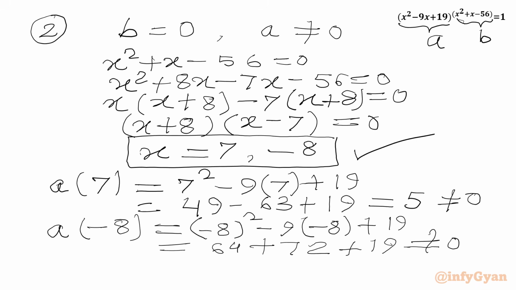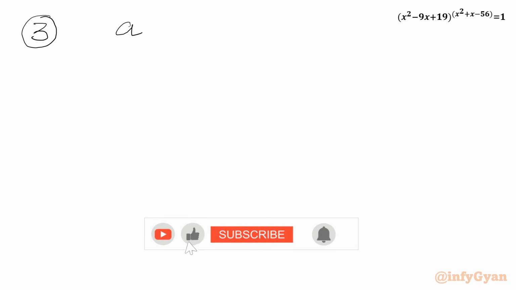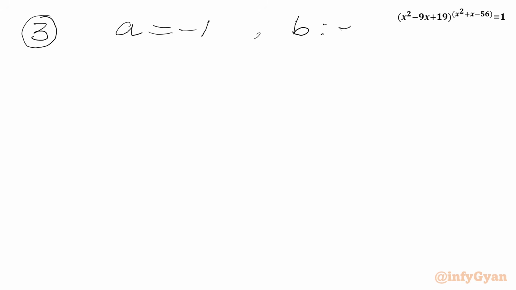Now case number 3. Here we will write base equal to negative 1 with even power. So b should be an even number. So we are going to put a equal to negative 1. Here we have a.